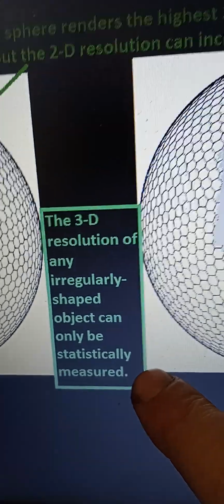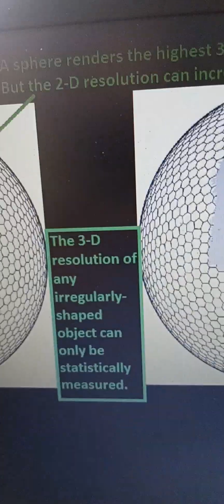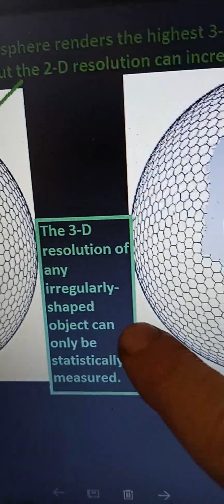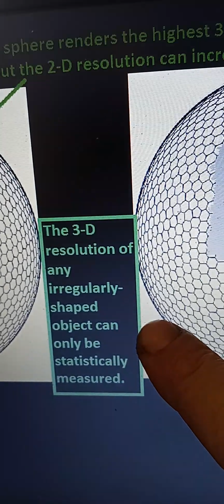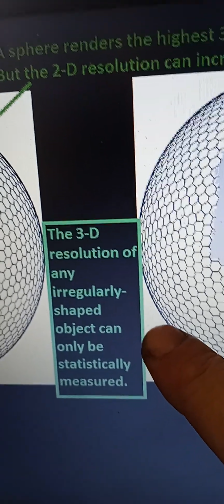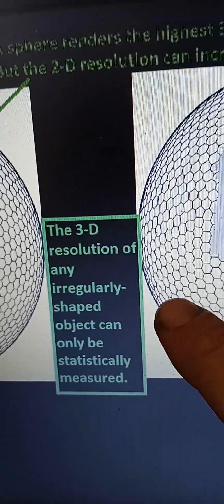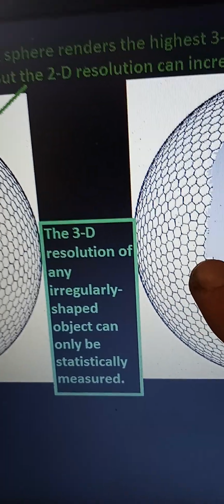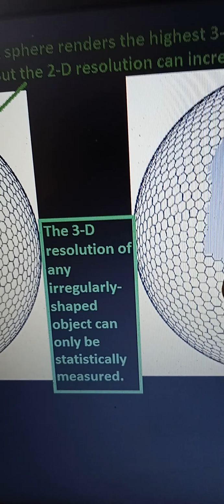It's so irregular it would be really difficult, if there is a solution, to find the 3D resolution of that object. Maybe someday in the future, somebody will find a way to measure it.